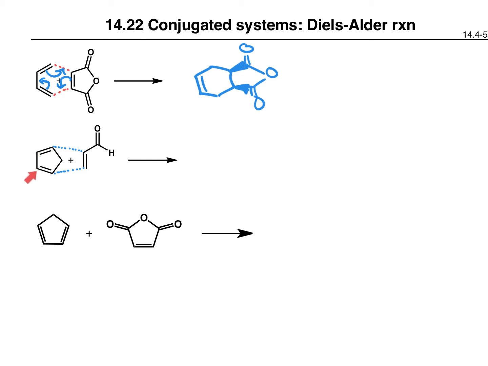These carbons are involved in the reaction, but this is not where the new bond is formed. The new bond is formed at the ends of the diene. So when you think about where those electrons are going, you can imagine these electrons move here, these move here, and these move here.